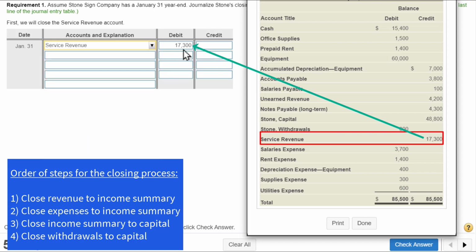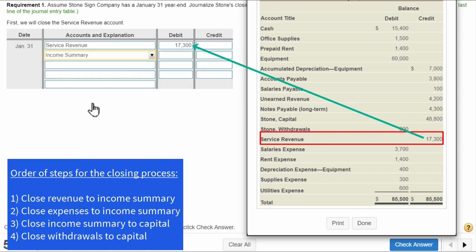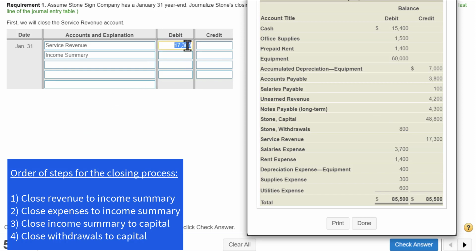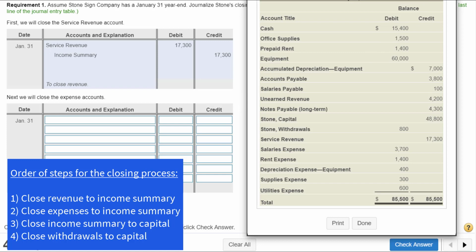In this first step of the closing process, we're going to close the revenue to income summary, which is a temporary holding tank that's going to contain the income, also known as net income. Copy and paste to close revenue. Check my answer. Excellent.